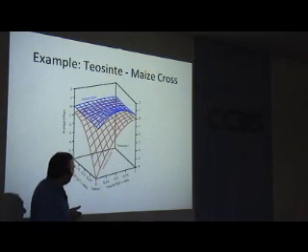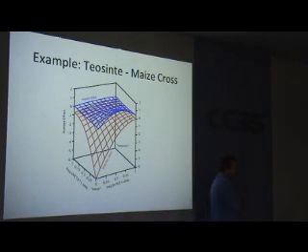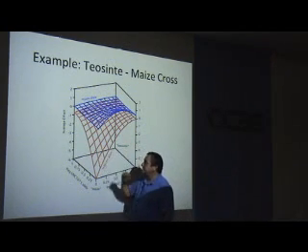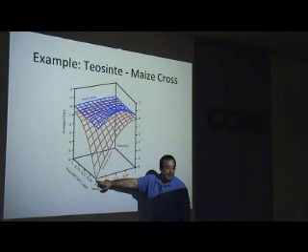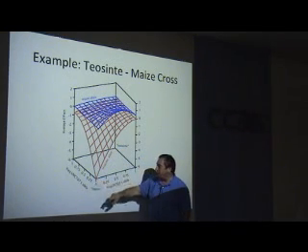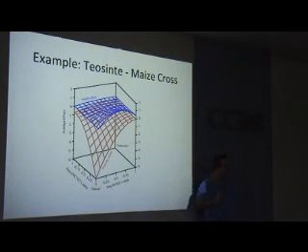This actually turned out to be remarkable, because here is a plot of the local average effects for the maize allele and the teosinte allele. This is the teosinte background. This is the maize background. This is something which is pure maize. This is something which is pure teosinte. At least for those two QTLs.